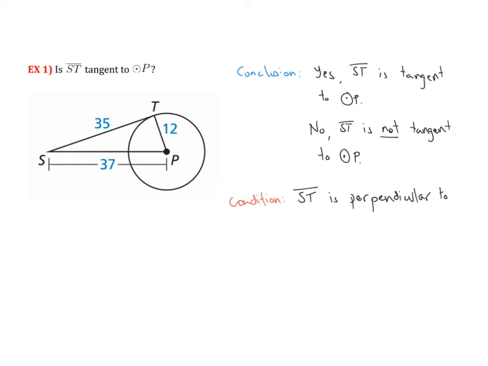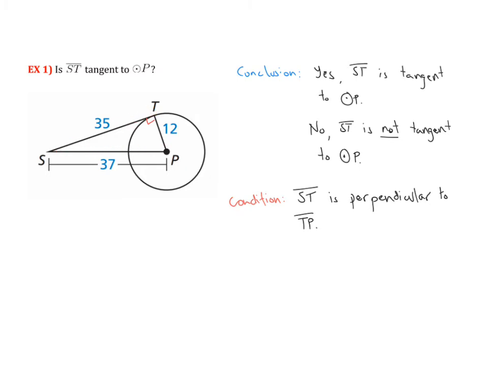The radius here is segment TP. So this is the condition that needs to be met in order for us to make the conclusion that segment ST is tangent. In other words, when I look at the picture here, TP and ST need to form a right angle. Now, what you'll notice is that in the picture, we actually have a triangle. And if ST and TP form a right angle, that means that we have a right triangle.